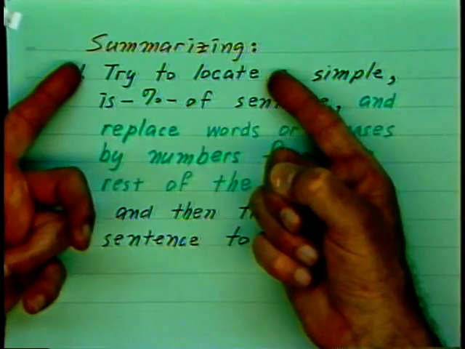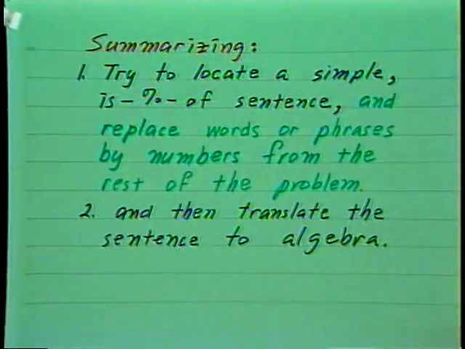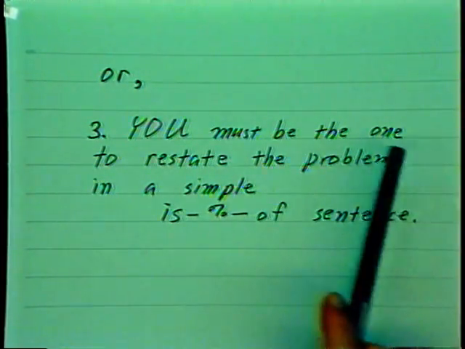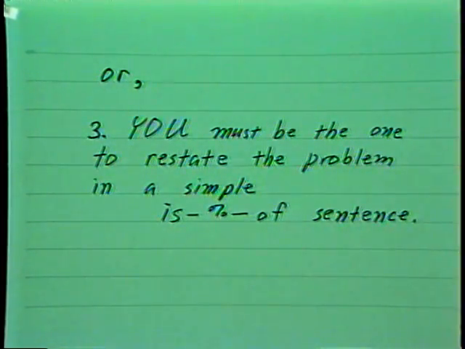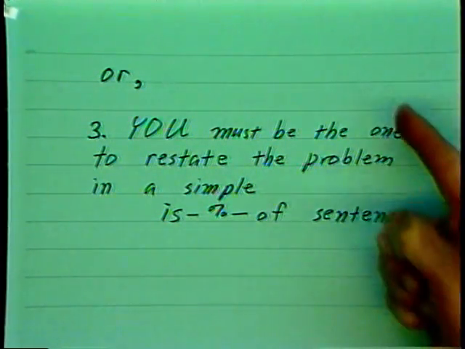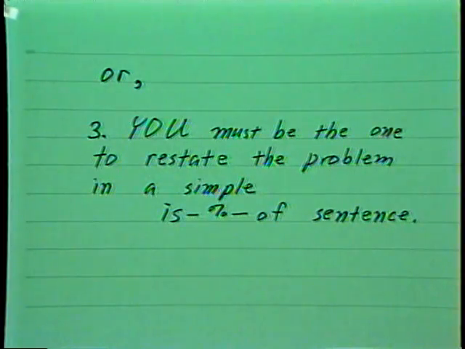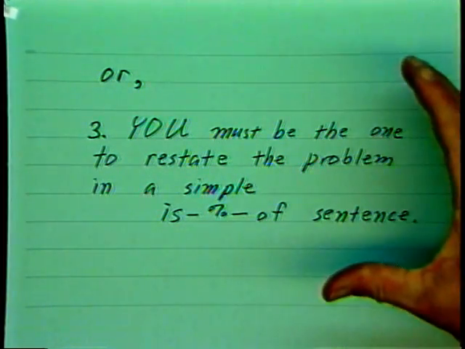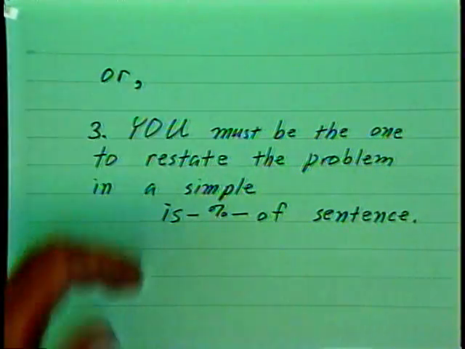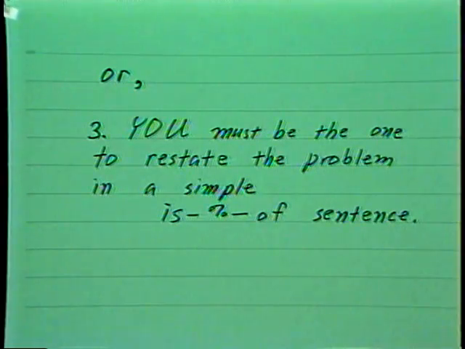And of course, if you can't locate that simple is percent of sentence, then you must be the one to restate that problem in a simple is percent of sentence. And therein is going to lie your problem. And know that that's a matter of your own personal use of language and your own ability to see what is being said in a written page.